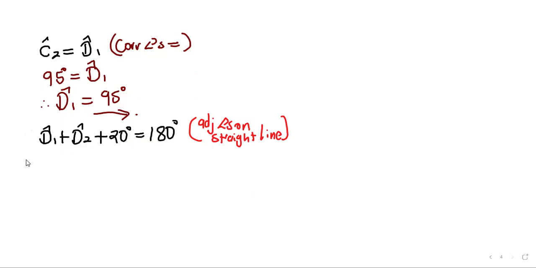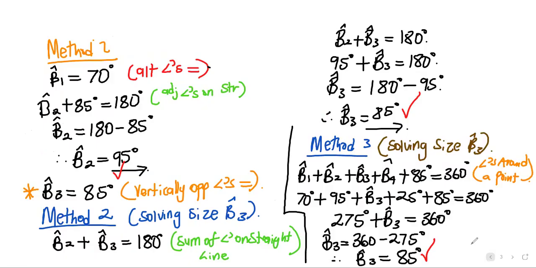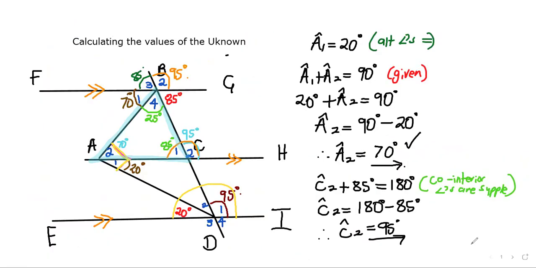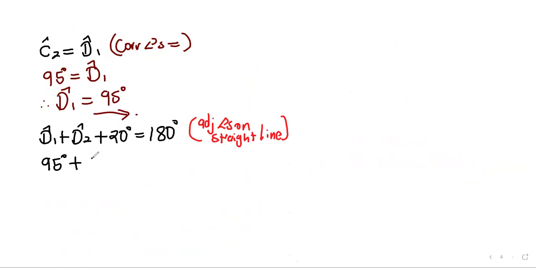Then after that, you now substitute. Our D1 we got 95. So it's going to be 95 degrees plus, are we solving D2? Yes, we want to get angle D2. So angle D2 plus 20 degrees is equal to 180 degrees. I'm going to add 95 plus 20, it's 115.